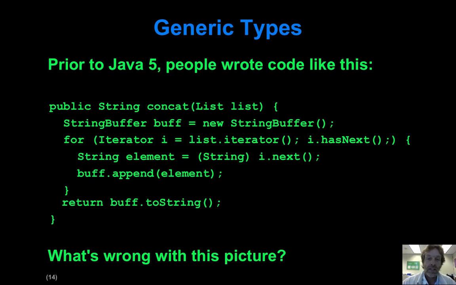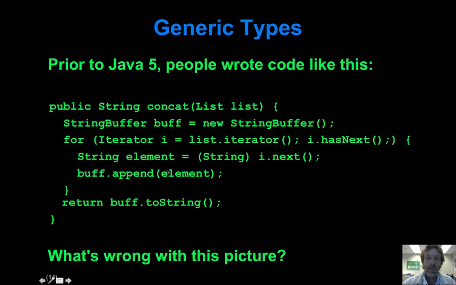Generic types, okay? This is a very important part of the language, and when you're looking at old code, you'll see stuff like this all the time, where they're passing in a list, but it doesn't specify the type of objects in that list. Then you'll see this iterator object, and they're doing this loop with hasNext, and then you have to cast the value returned by the next method to a string.